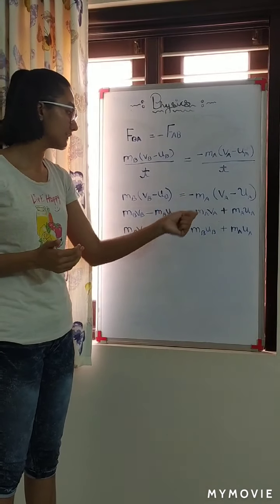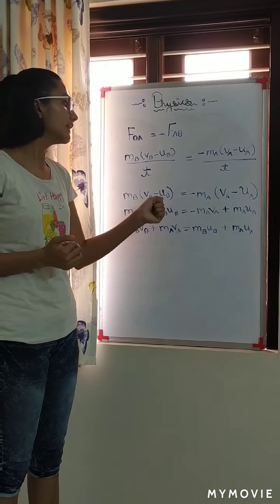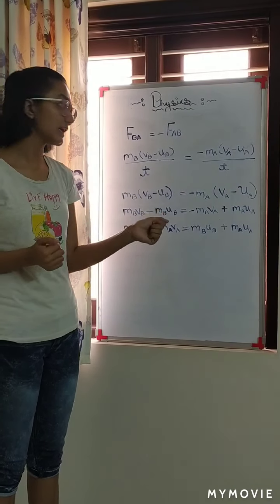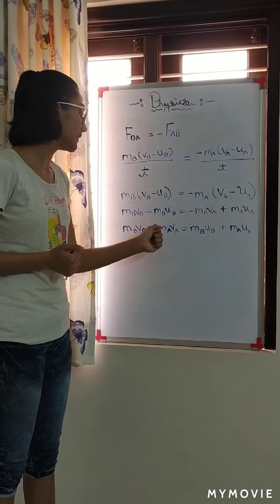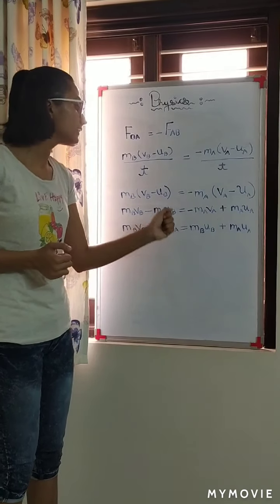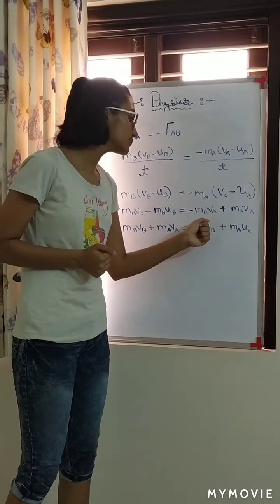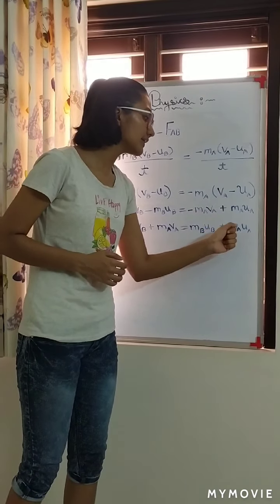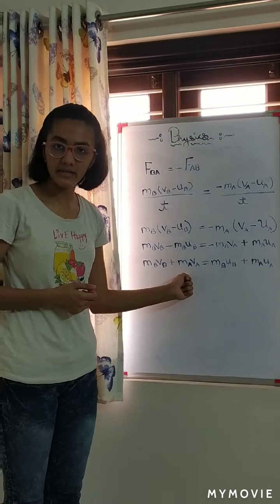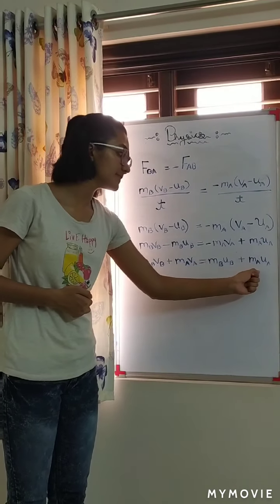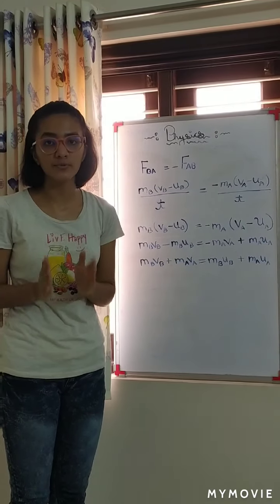If we shift the minus to the opposite side and the plus to the other side, we get Mb·VB + Ma·VA = Mb·UB + Ma·UA. The left side represents the total final momentum and the right side represents the total initial momentum.